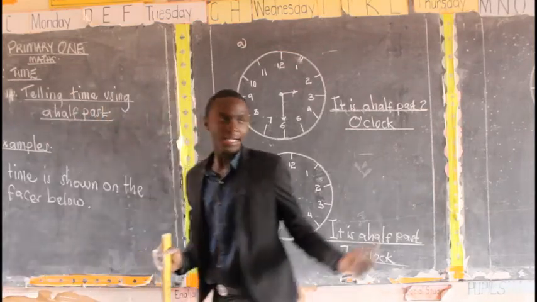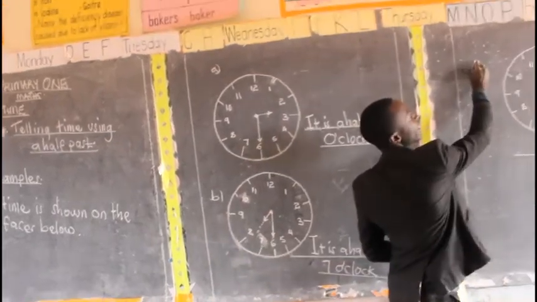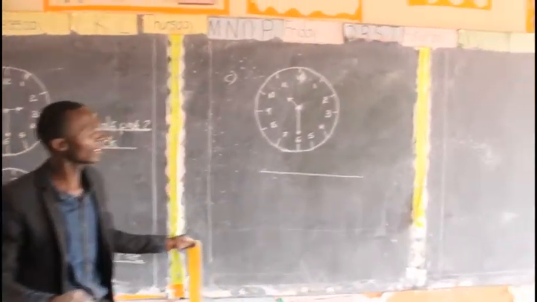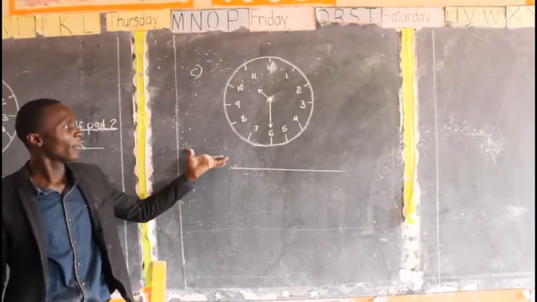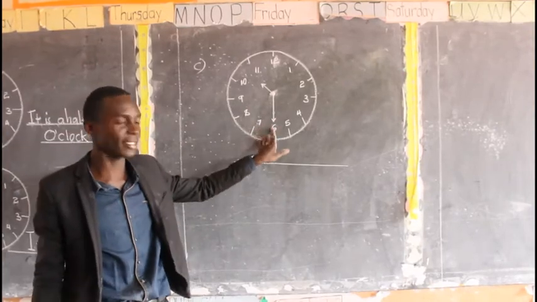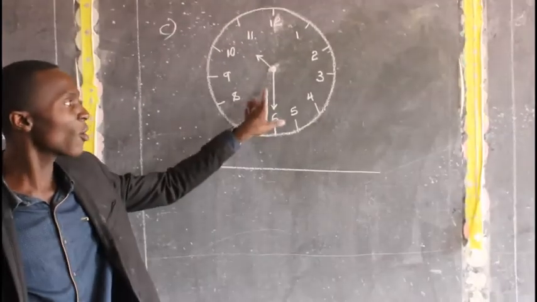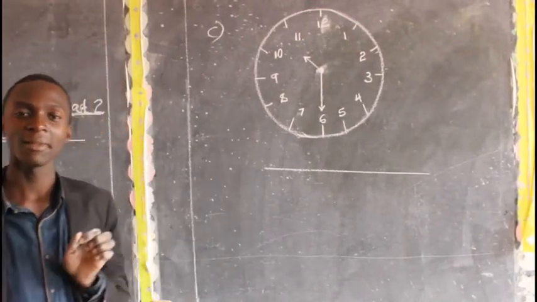Yes, my good children, let us go to our last example, and that is part C. We are seeing here a clock face, 2 dimension. The long minute hand is facing 6. Because the long minute hand is facing 6, it means that this is not exact time.